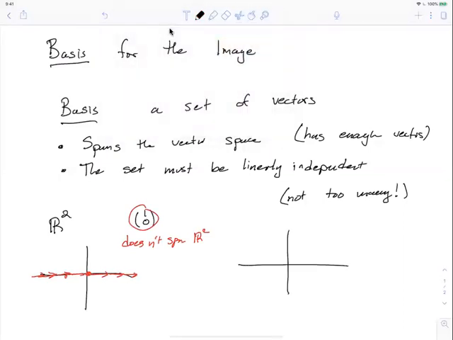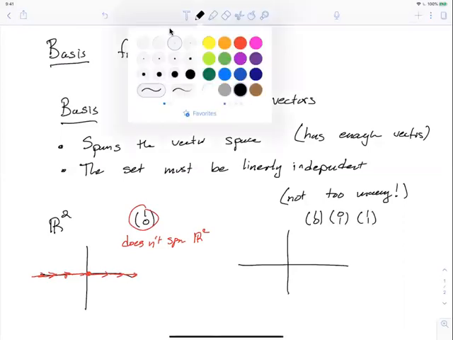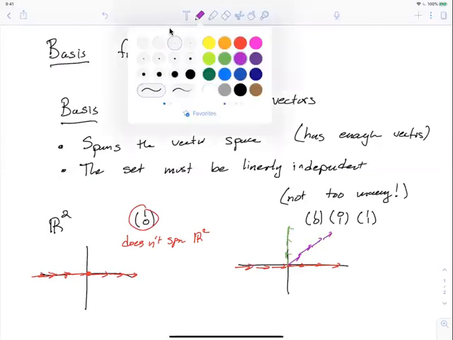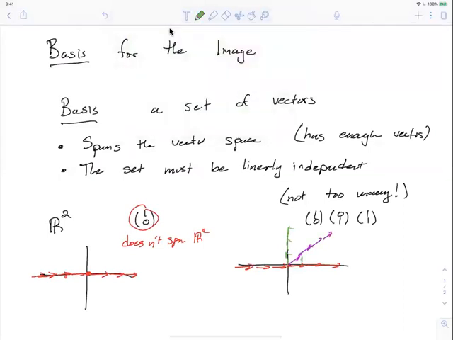On the flip side, if we have (1, 0), (0, 1), and also (1, 1), then in this case we have too many vectors, because these vectors are not linearly independent. For example, (1, 1) can be made up as a combination of the other two. What we're going to get here is a grid, but this grid's going to be very noisy and has more vectors than it needs.